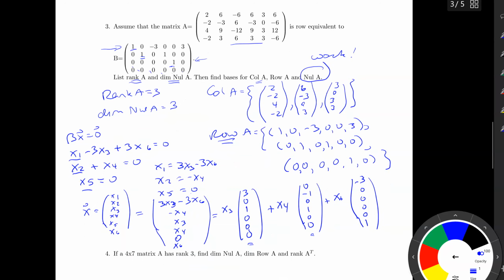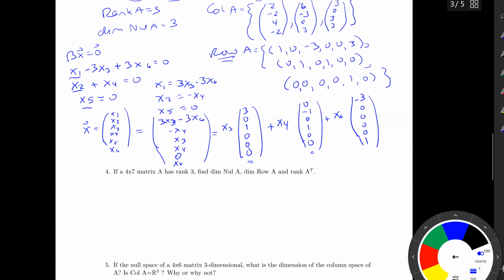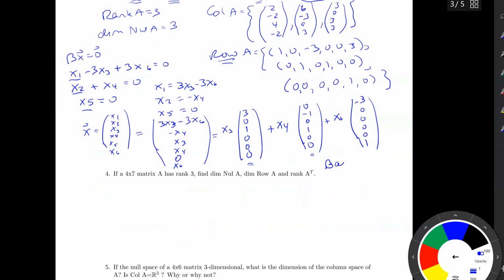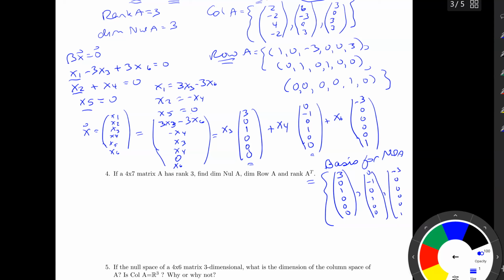Okay, so my basis for null A, which is the same thing as saying find null A, is these 3 vectors. So it's necessary to write them in this formal set, and put the end parentheses. So that's my basis for null A.